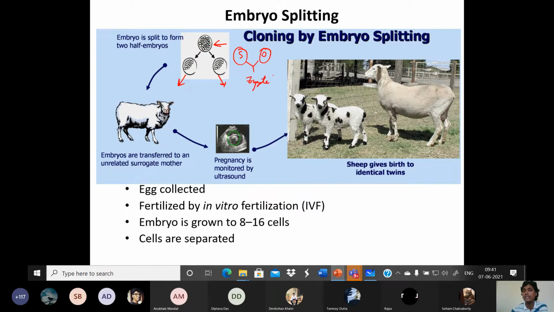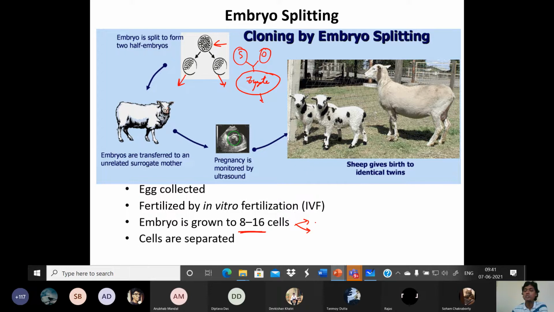That means from one cell, the zygote, it should give rise to one baby animal. But instead, after some division of this zygote, normally at around 8 to 16 cell stage, those embryos can be split into two. So basically those two embryos are coming from the same zygote, right? As a result, they have exactly the same genetic makeup, the same genetic information.